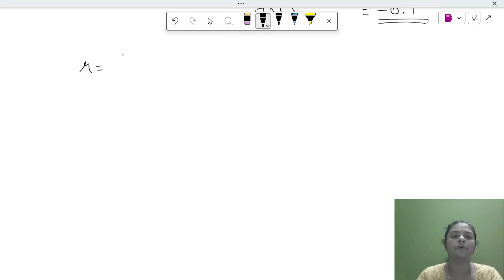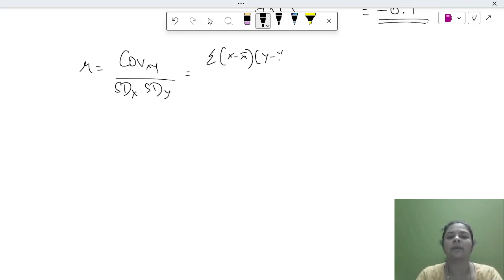R is equal to covariance of xy divided by standard deviation of x into standard deviation of y, which is equal to sigma x minus x bar into y minus y bar divided by root of sigma x minus x bar the whole square into root of sigma y minus y bar the whole square.